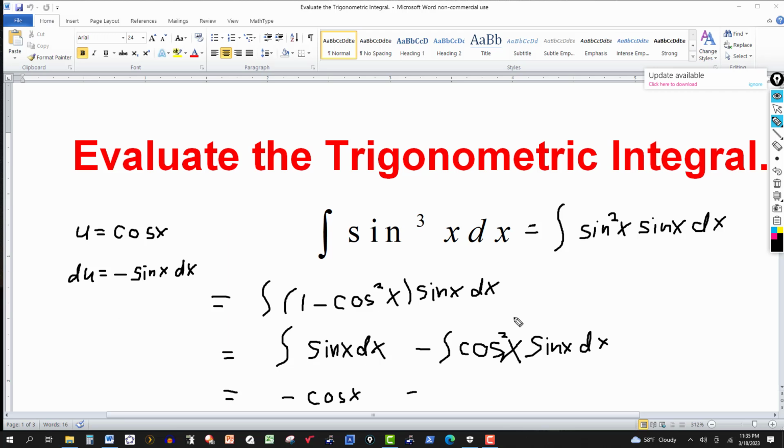The first integral is already done, so for this one I want to write it in terms of u. So I'm going to solve for dx. Dividing by minus sine, the left side becomes du over minus sine of x.